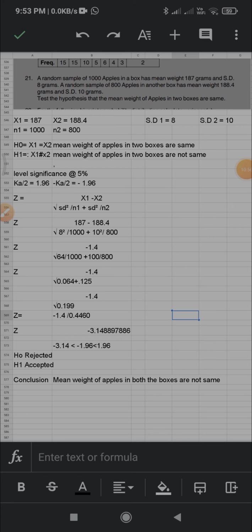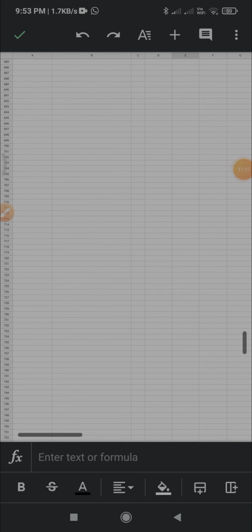First you should write the data given, then H0, then H1, then level of significance, then formula, Z observation, then calculation, then the calculated value, and the table values you need to evaluate. Afterwards you should accept or reject the null hypothesis. Then finally the conclusion. Okay, so I'll end this here.